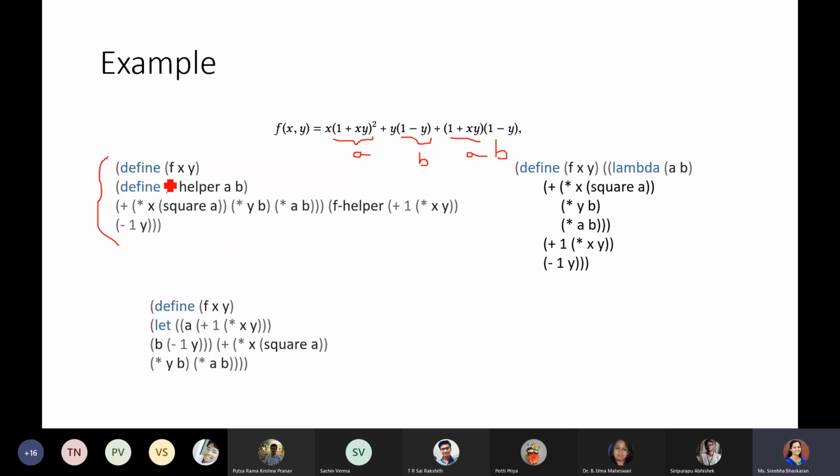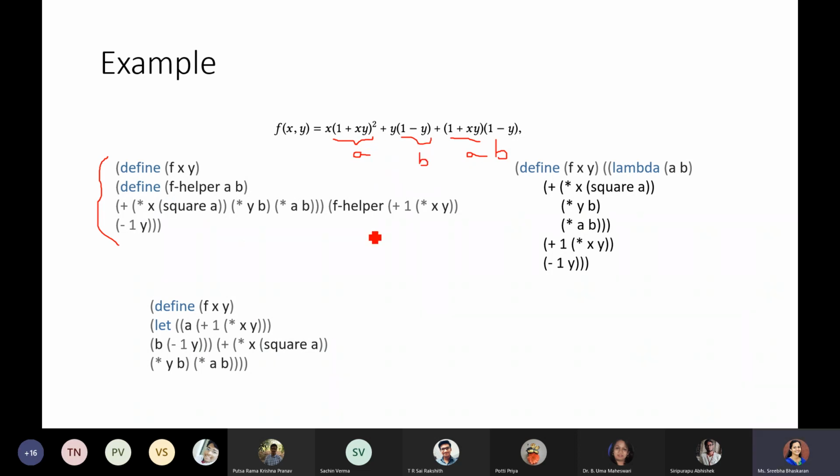If you see here, define f. I just gave the name of the function as f. I have two arguments x, y. Inside this, I have another sub-procedure defined, f helper, where I am passing a and b values. That means I am expecting this a and this b to be passed.